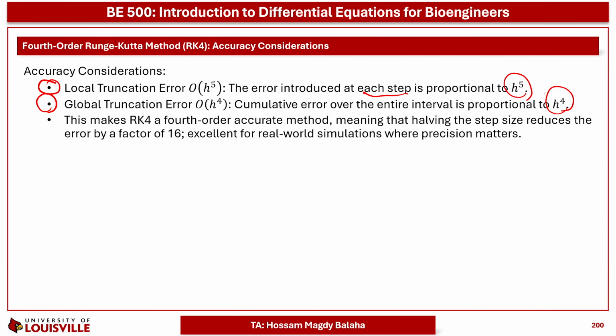For sure, this makes RK4 a fourth order accurate method, meaning that halving the step size reduces the entire error by a factor of 16, and this method is excellent for real-world simulations where precision matters. We can say that RK4 is the most accurate among these 3 methods, but it consumes time, and on the other hand, the Euler method is the least accurate, but it's fast.